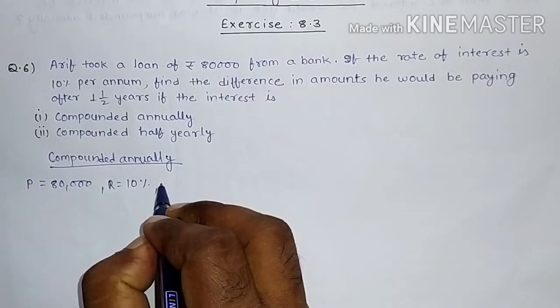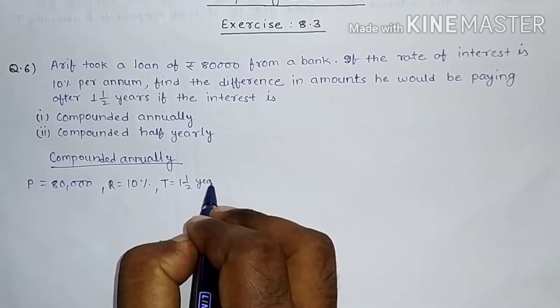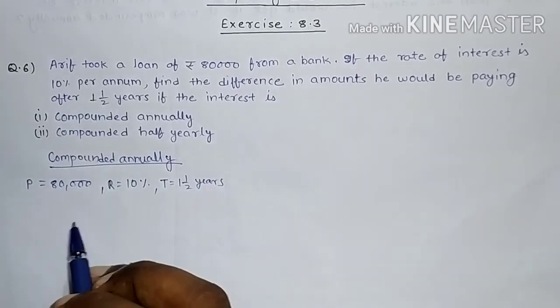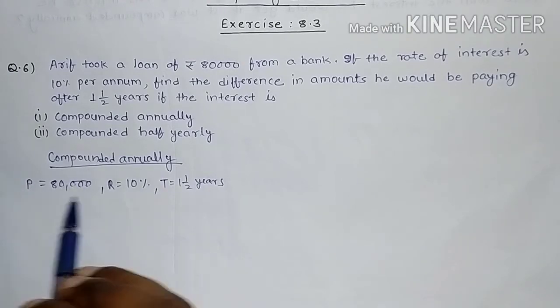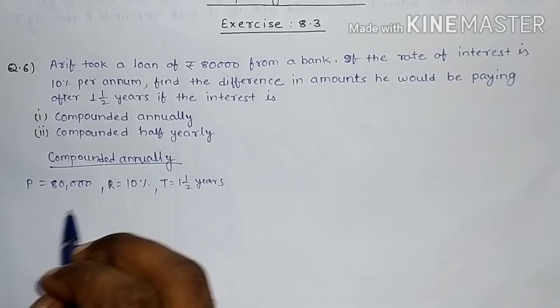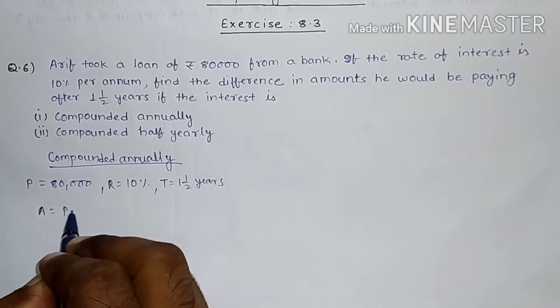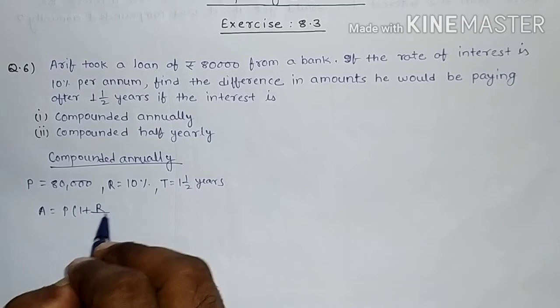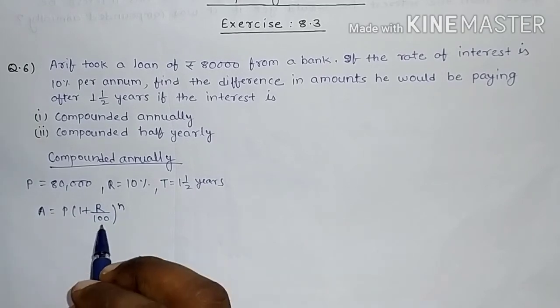That means T equals 1.5 years. And here we have to find the amount when interest is compounded annually. By the formula, we know that amount equals P into 1 plus R upon 100 to the power n. Now this is the single formula of amount.